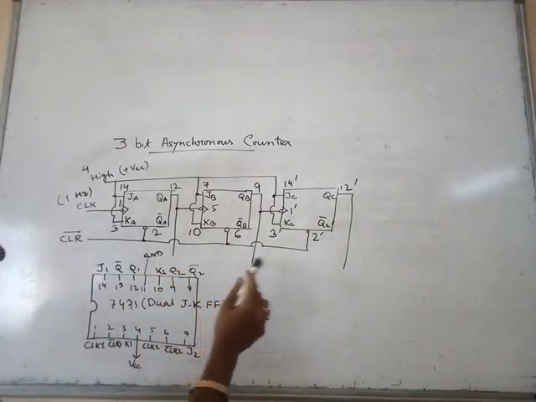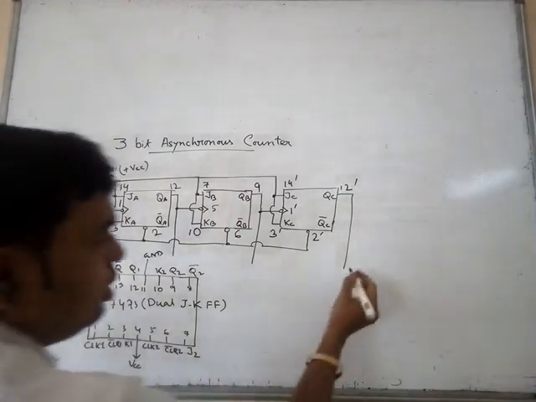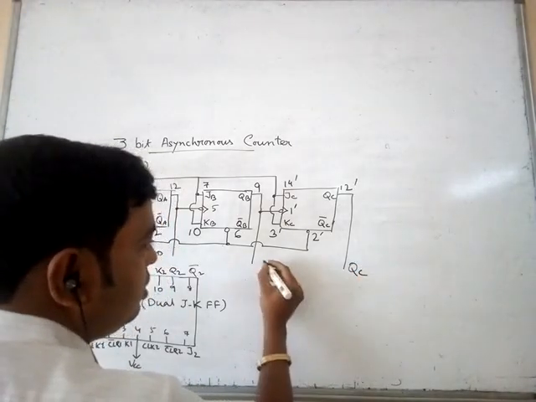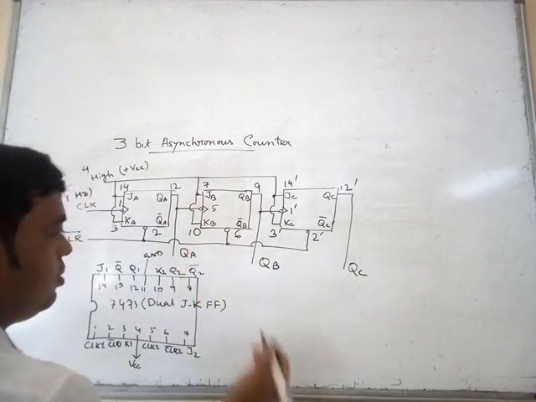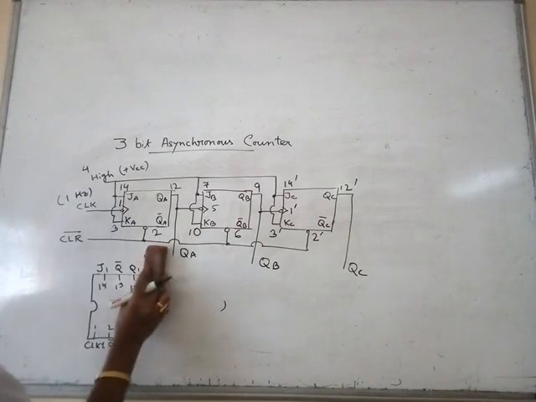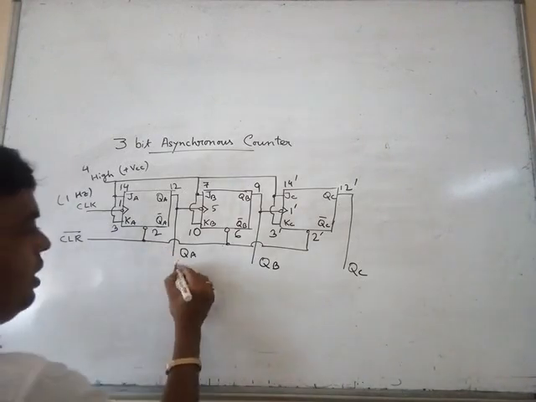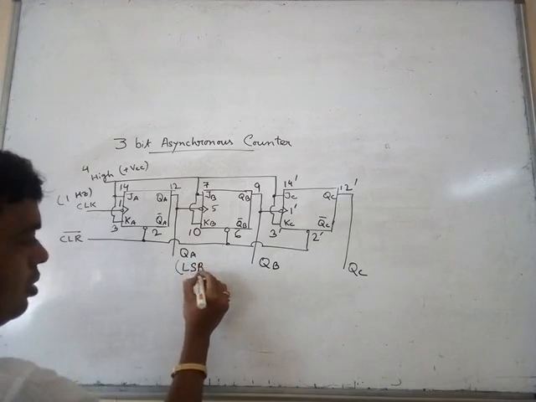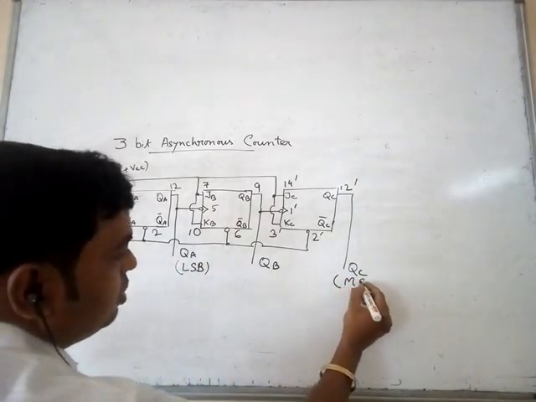These 3 are the output. It is QC, it is QB, and it is QA. It is LSB, and this one is MSB, most significant bit.